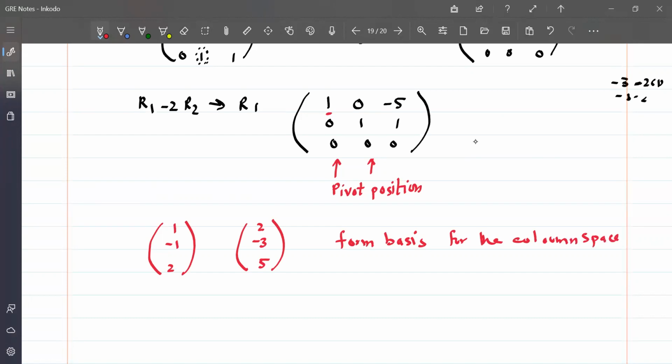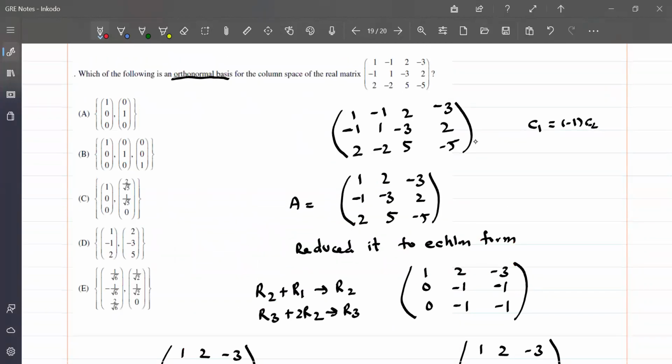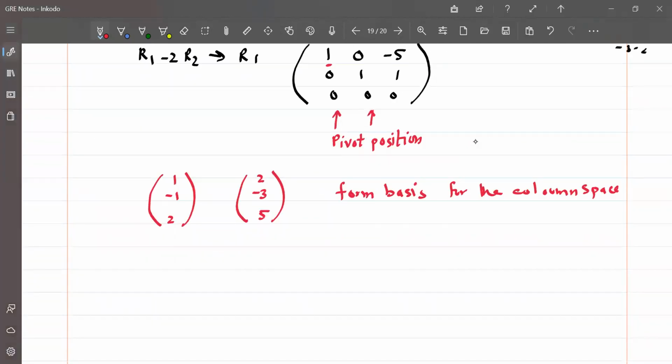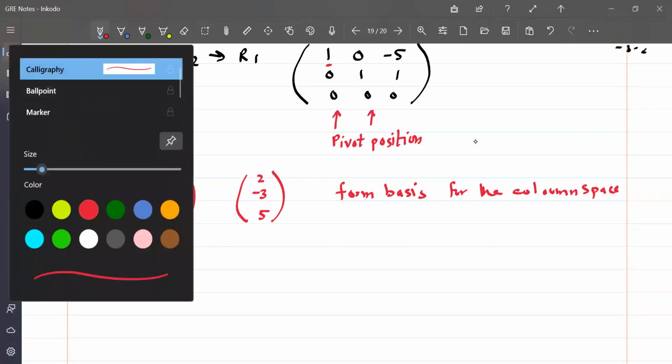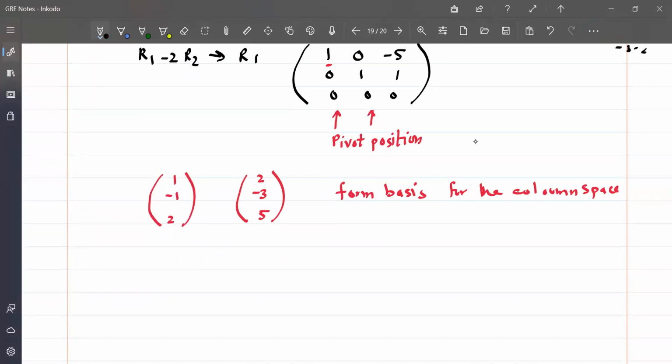Okay. Now we will choose the best option, orthonormal. Orthonormal is basically if we simply find the orthonormal of these two. The orthonormal basis is v1 divided by the magnitude of v1.